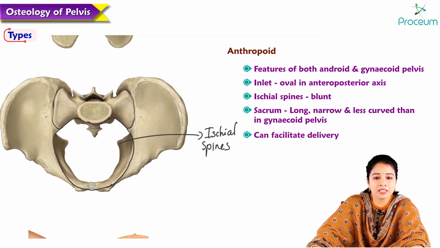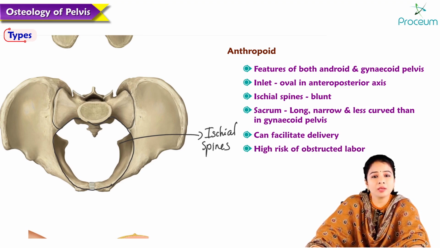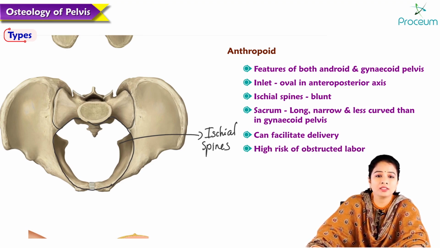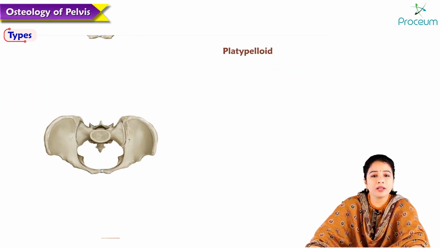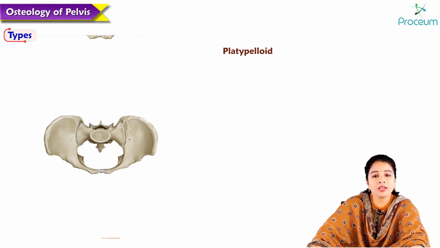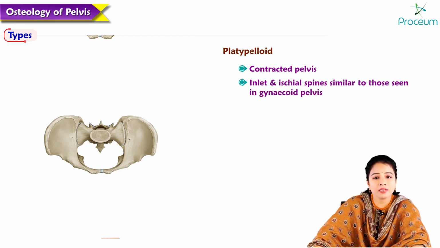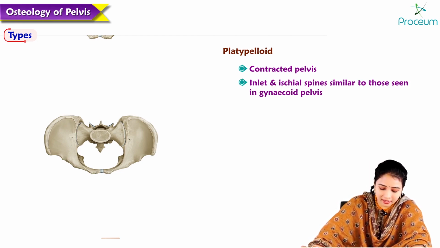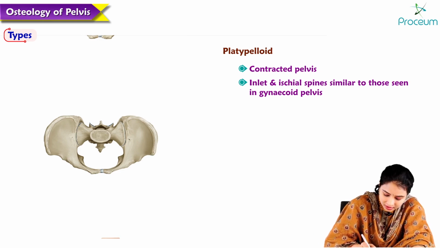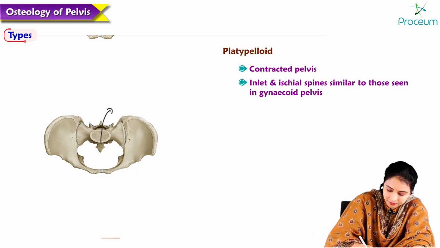So it can facilitate delivery but has a high risk of obstructed labor. So this type of pelvis is called the anthropoid pelvis. The next is the platypelloid pelvis, called the contracted pelvis, where the inlet and the ischial spines are similar to those seen in the gynecoid pelvis, but the sacrum is slightly curved. So the sacrum is slightly curved here.